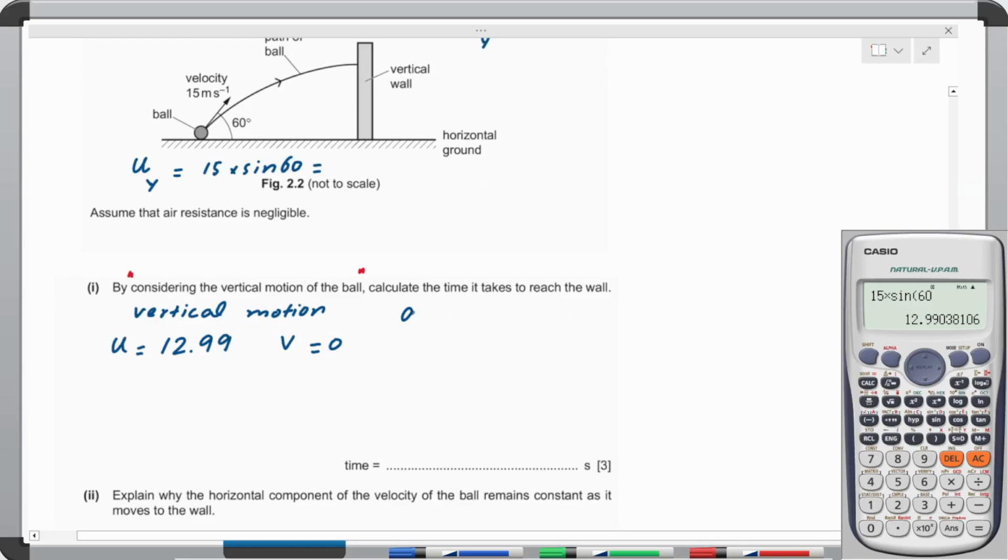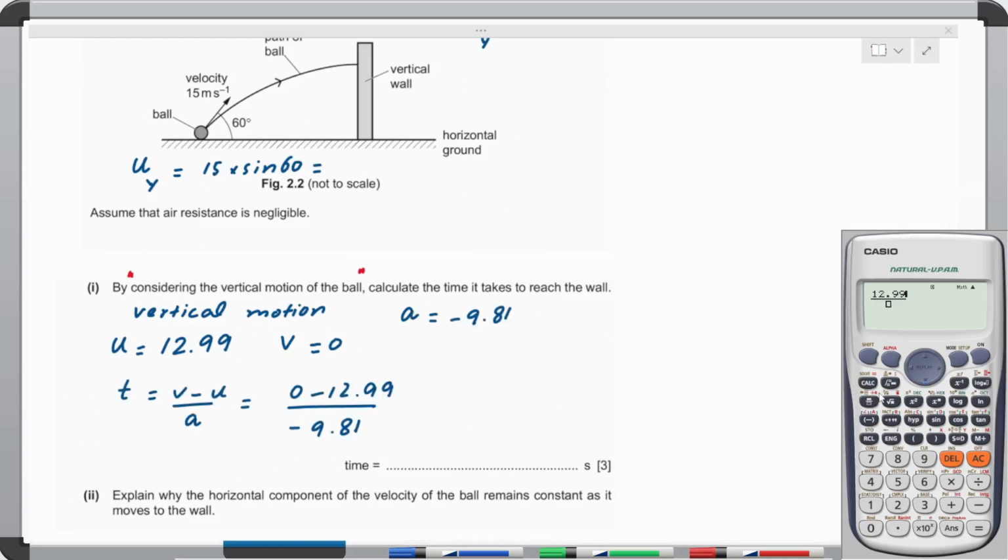Another thing that we know for the vertical motion is the acceleration, which in this case would be negative 9.81 because we're moving upwards. So if I use the very definition of acceleration, a equals v minus u over t, and from there I swap a and t with each other. So mathematically t equals v minus u over a, and v is 0, minus u is 12.99 divided by minus 9.81. Then once again, negative and negative would be cancelled out.